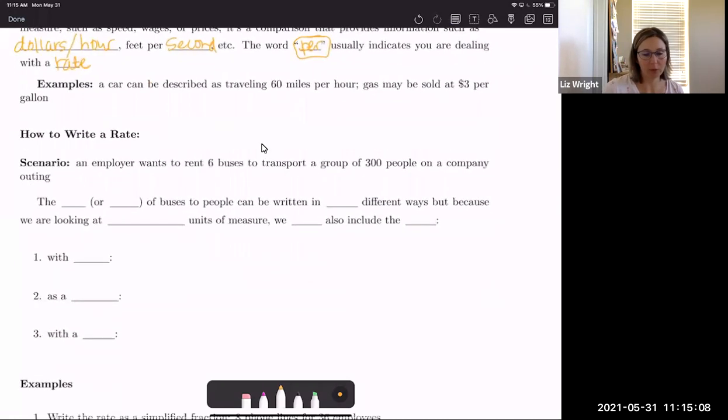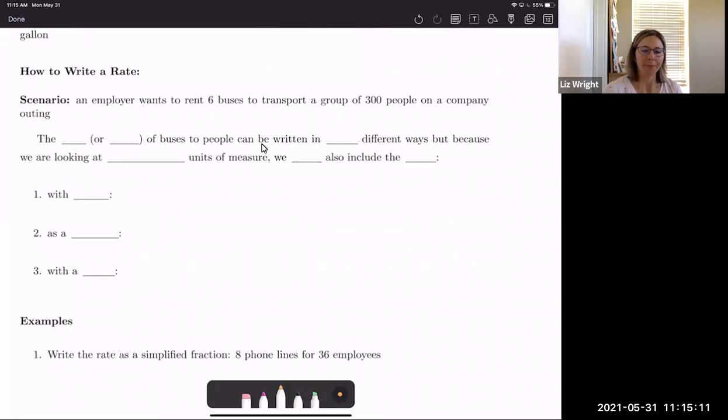Well, it's really similar to what we did on the previous pages. It says the rate or ratio of buses to people can be written 3 different ways, just like before. But because we are looking at 2 different units of measure, we must also include the units.